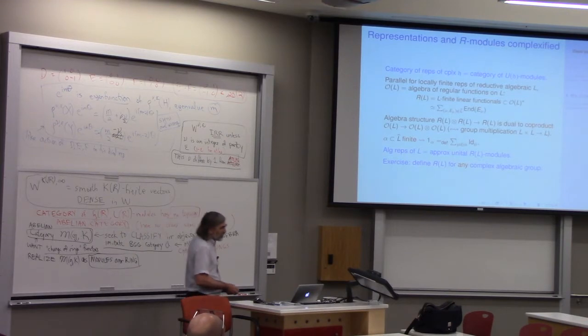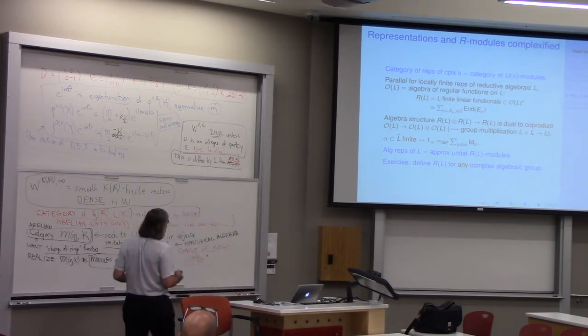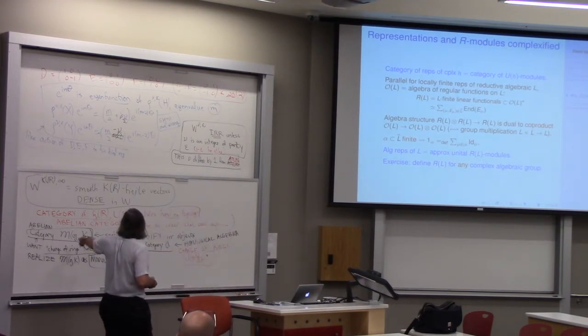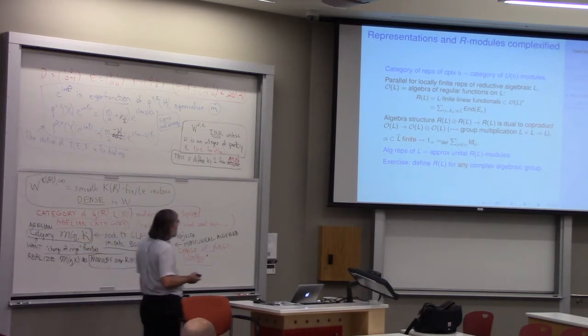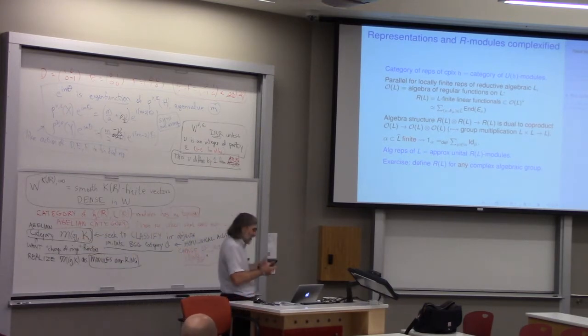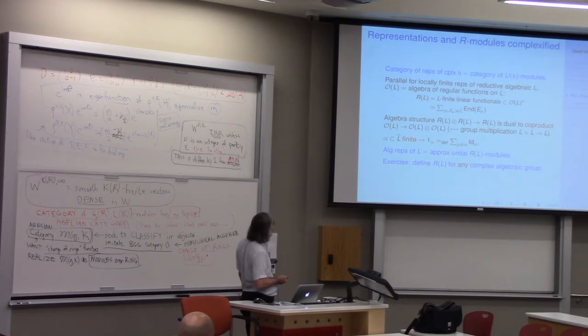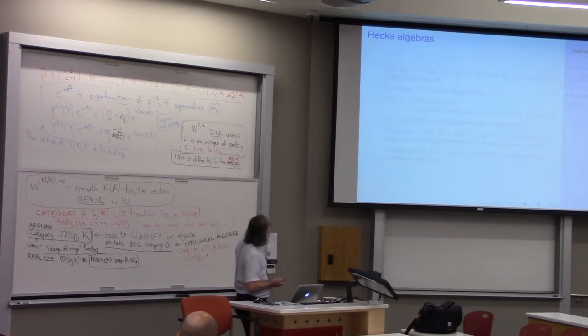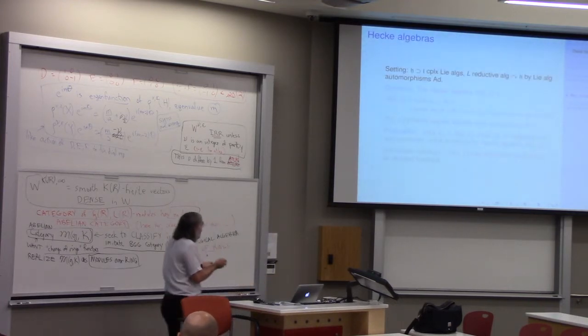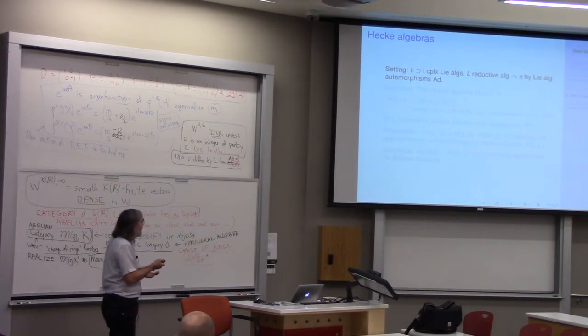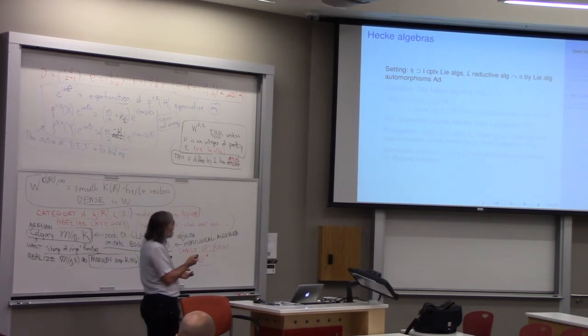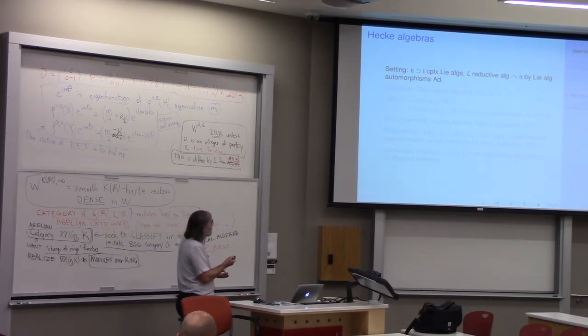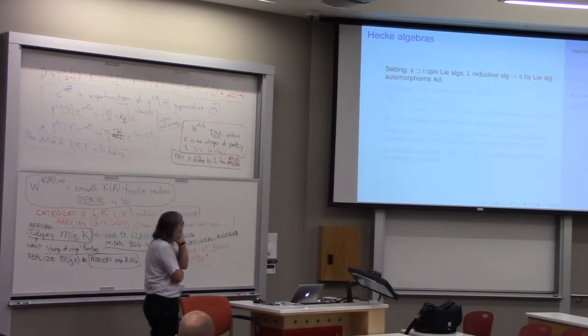Okay. Well, I want to put these things together. These H, L categories have H and L interacting. So here's the setting. I've got this big complex Lie algebra H containing this L, the subalgebra, and a reductive algebraic group acting algebraically by Lie algebra automorphisms.